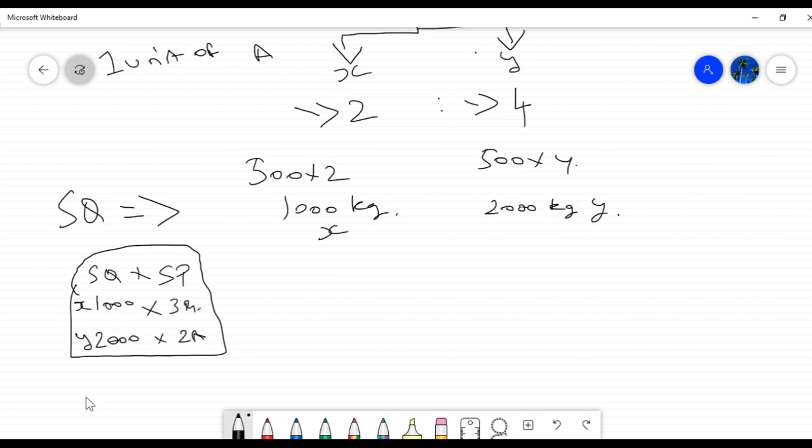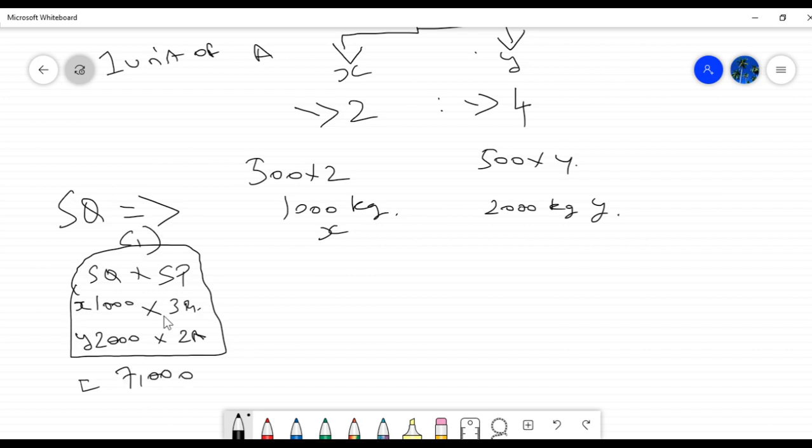Then what is the total? 1000 into 3, 3000, plus 2000 into 2, 4000. 3000 plus 4000, 7000. Okay. So the first box is over. First box I identified the answer.